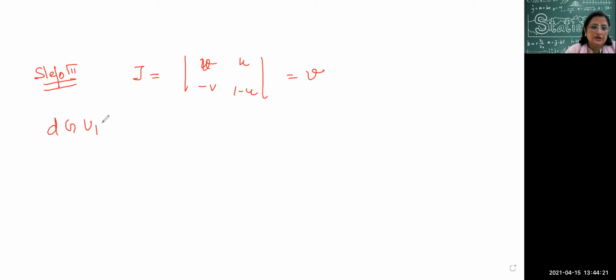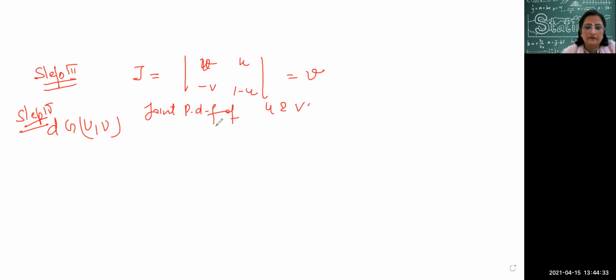Now, step number 4: the joint PDF of u and v, the joint probability differential of u and v.